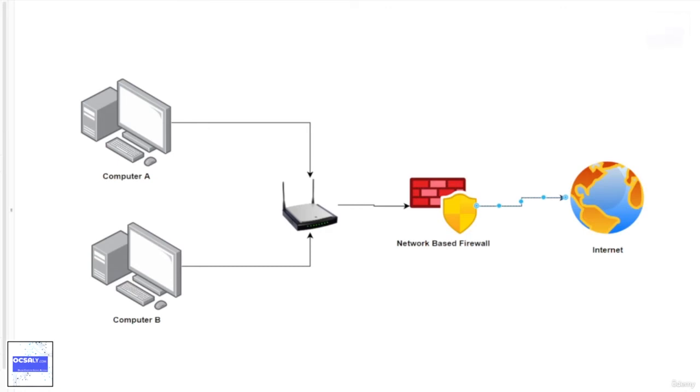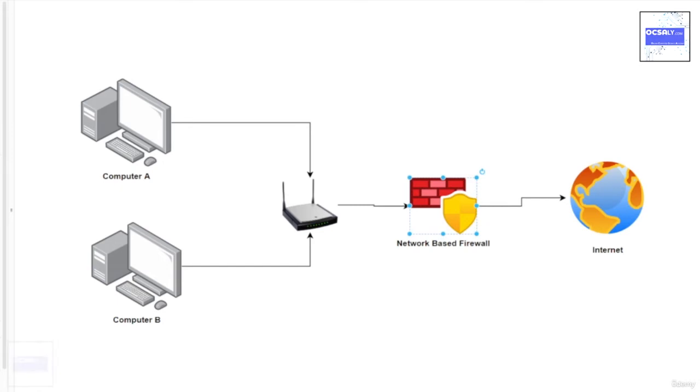So as you can see in this diagram, you may be thinking that the network-based firewall is the better of the two as it protects the entire network. However, look at this diagram and pay particular attention to the placement of the firewall.